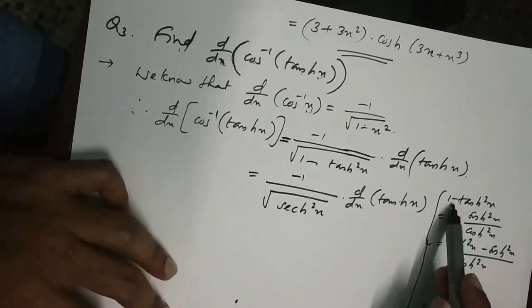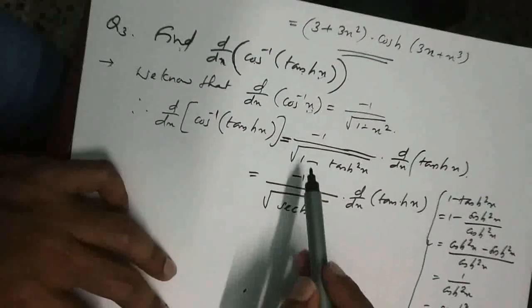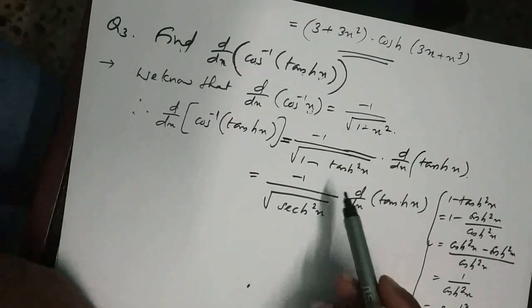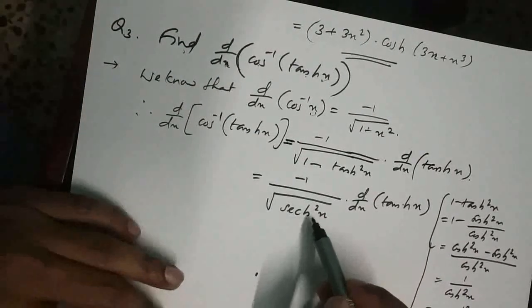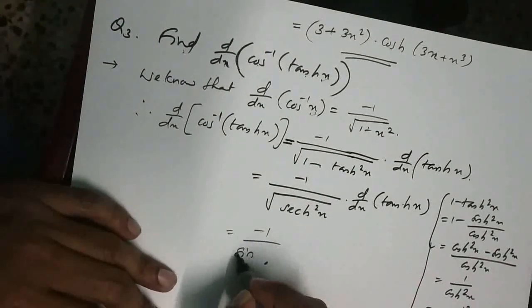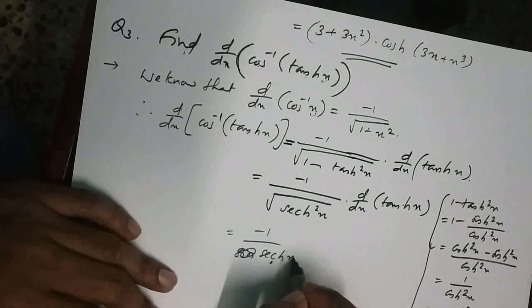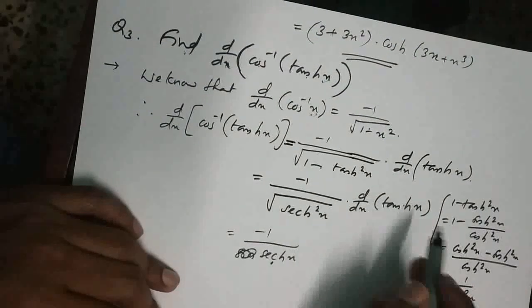So we can replace 1 minus tanh square x by sech square x. So the square root of 1 minus tanh square x is the root of sech square x. This is equal to minus 1 by sech x, into the derivative of tanh x.